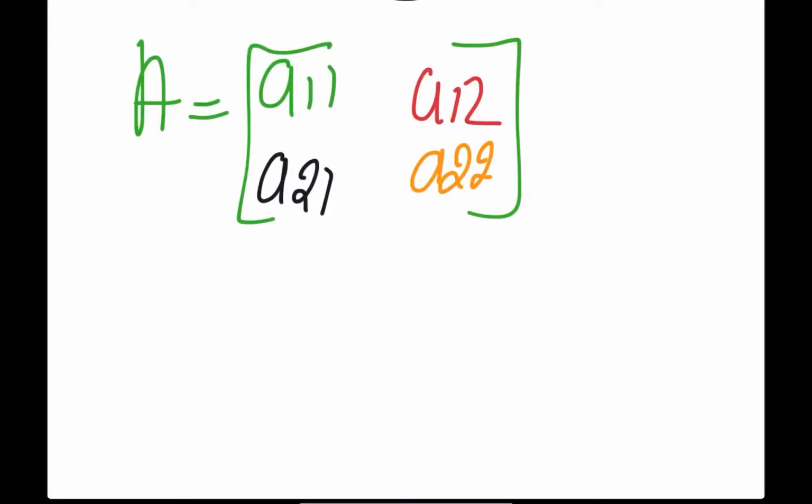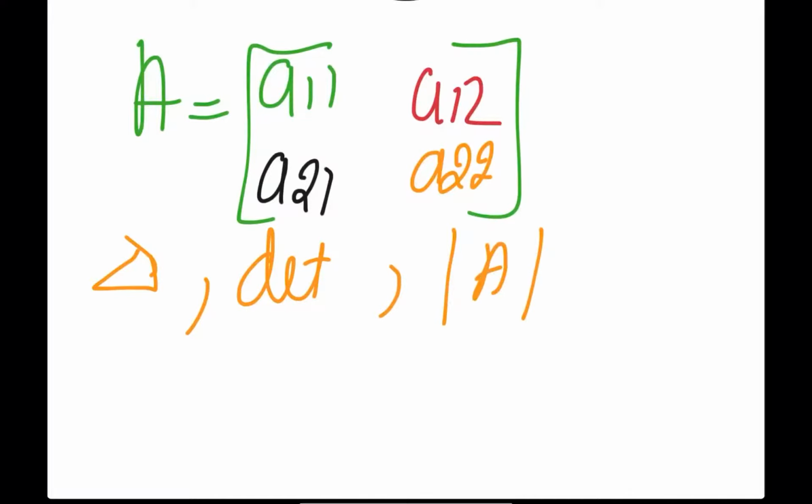The determinant is written by a triangle which is called del, or by det. So it can be shown like this also, or like this also. These are all the ways to show a determinant. So for this matrix, if I want to write the determinant, I will multiply the first diagonal elements, minus the second diagonal elements.